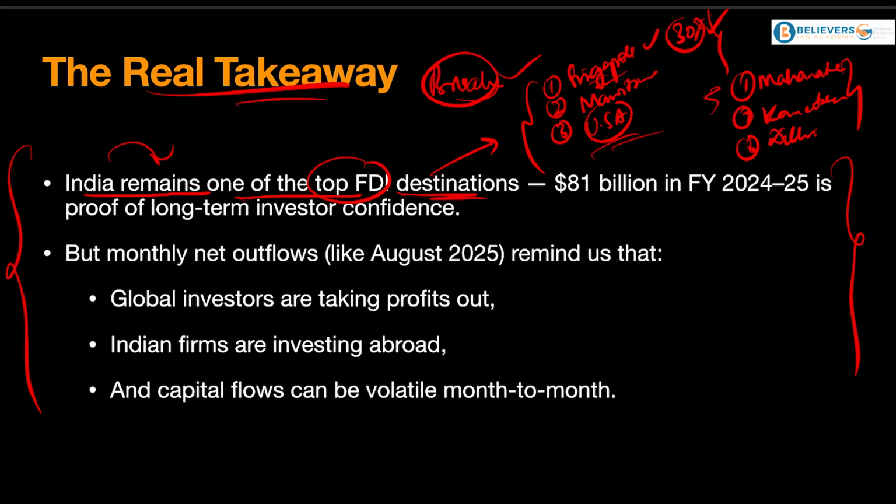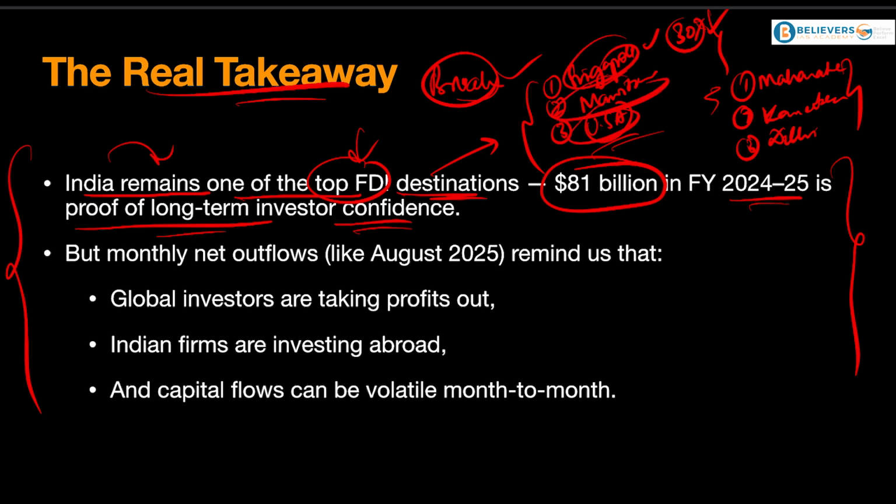So the real takeaway is, although we are seeing a reduction in the net FDI, India still remains preferred as a top FDI destination, with $81 billion in just the year 2024-25, and this is proof of long-term investor confidence, right? Look at the countries who are investing: Singapore, Mauritius, USA and others. So it proves that there is investor confidence in India, and this is what is key to remember for the aspirants.